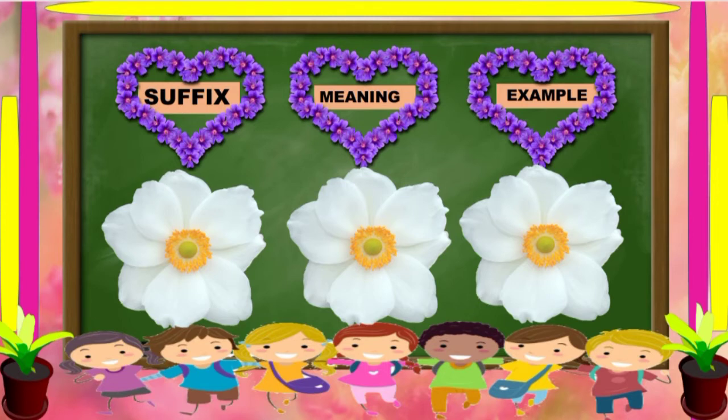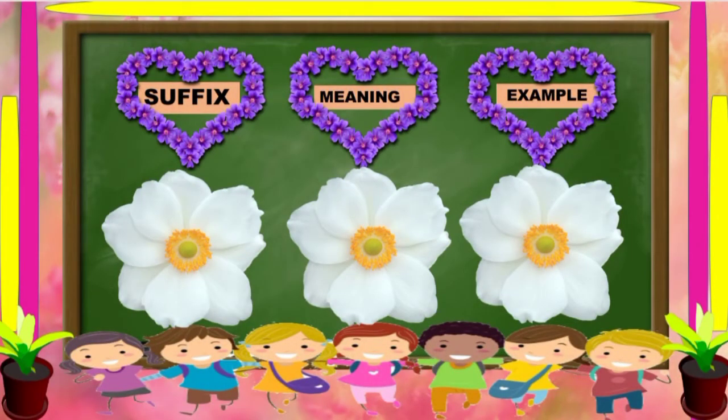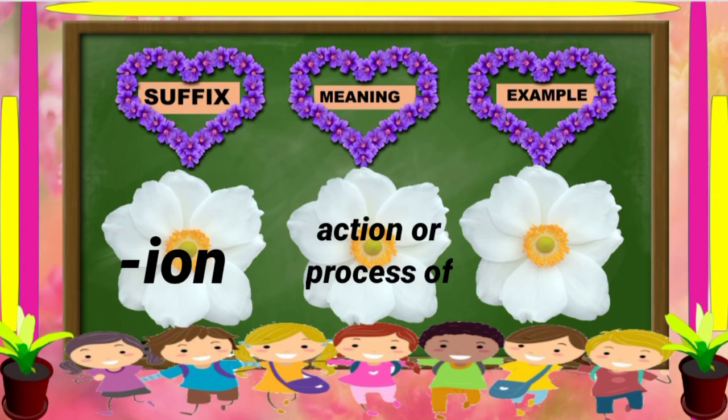Here are some examples of words with suffixes. First is able, meaning can be done. Example, preventable. Next is tion or ion, meaning action or process of.